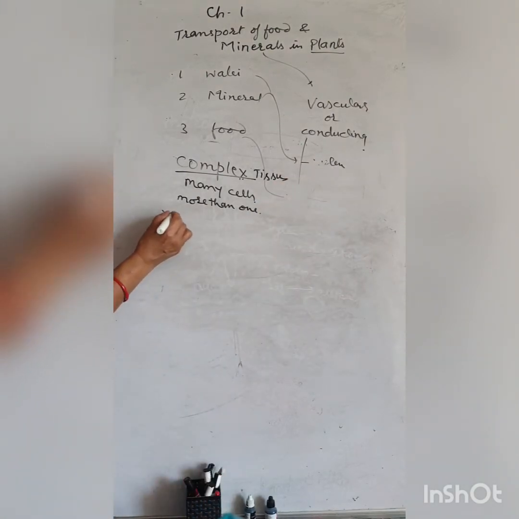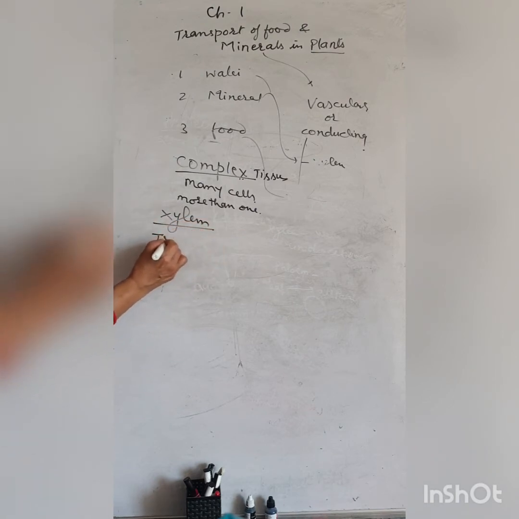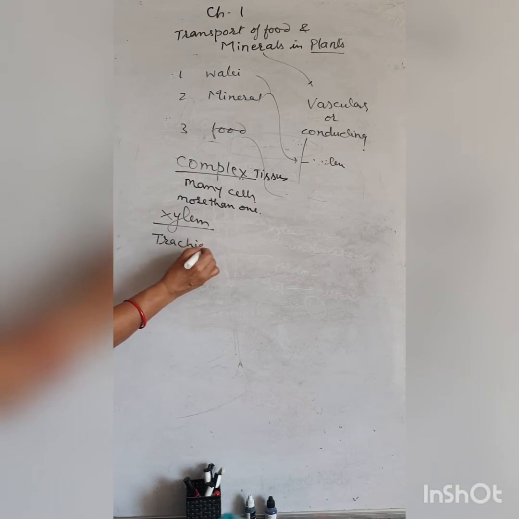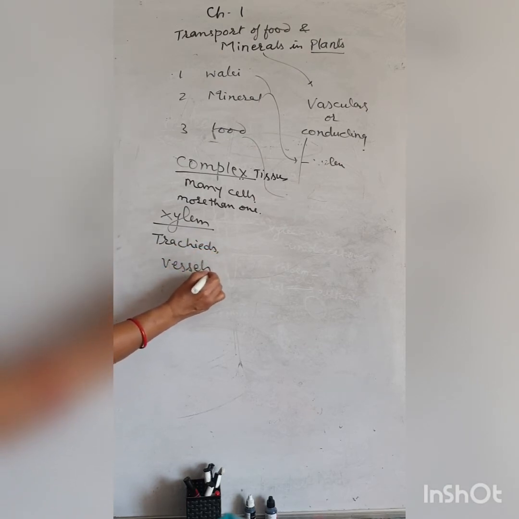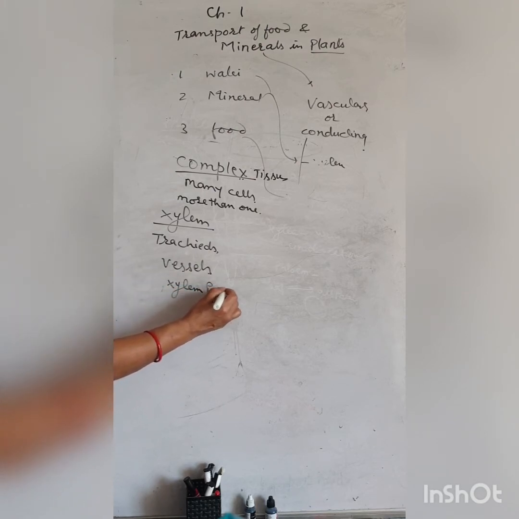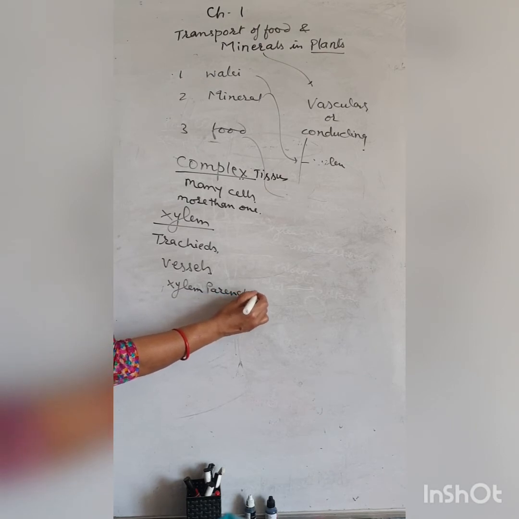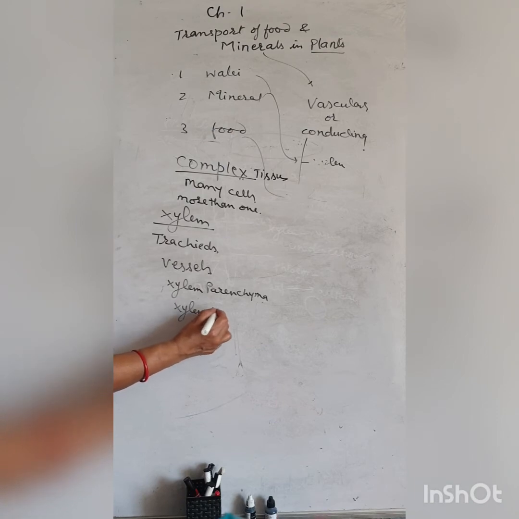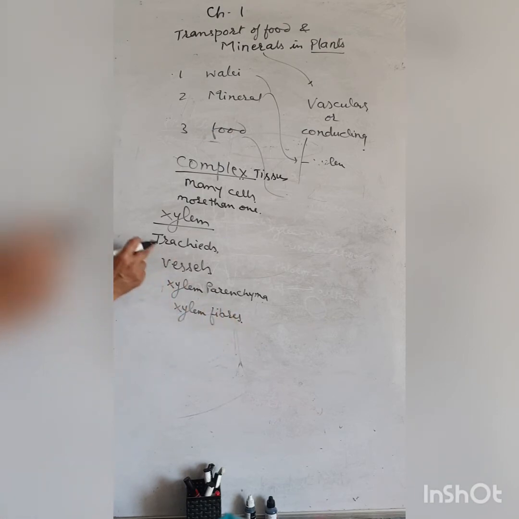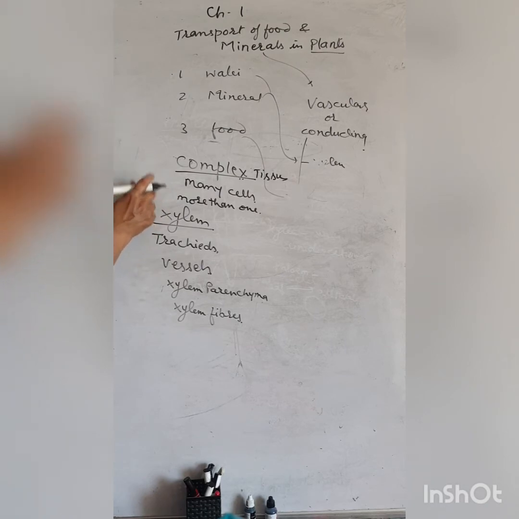The xylem is made up of tracheids, vessels, xylem parenchyma, and xylem fibers. Different types of cells are found in the xylem. That's why it is called a complex tissue.